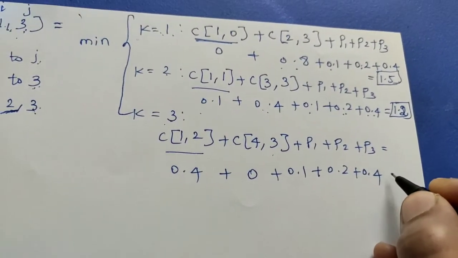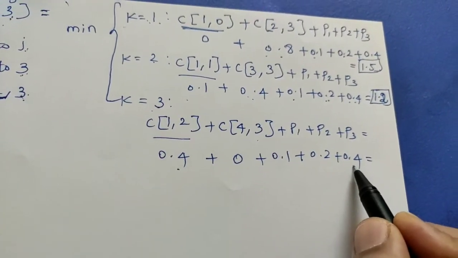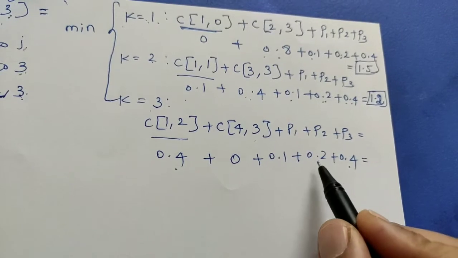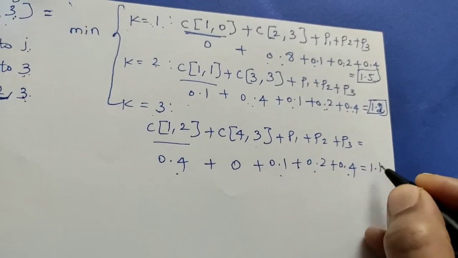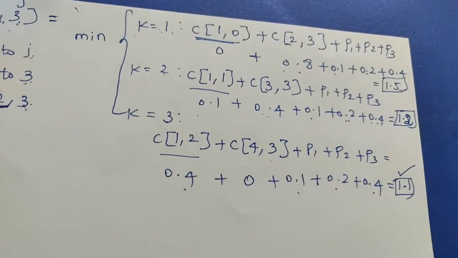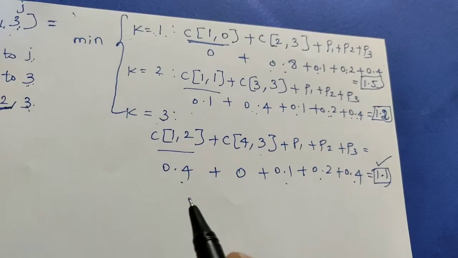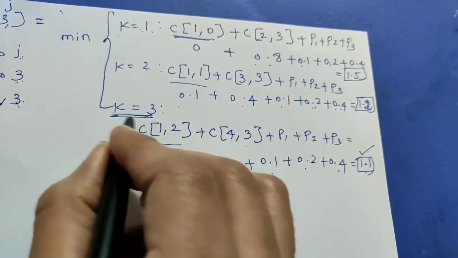Let us add this together. 0.4 plus 0.4 is 0.8, 0.8 plus 0.2 is 1.0, 1.1. So out of these 3 values, this is the minimum. The k value that gave you this minimum is 3.